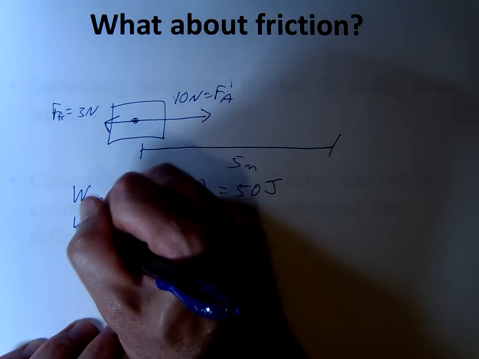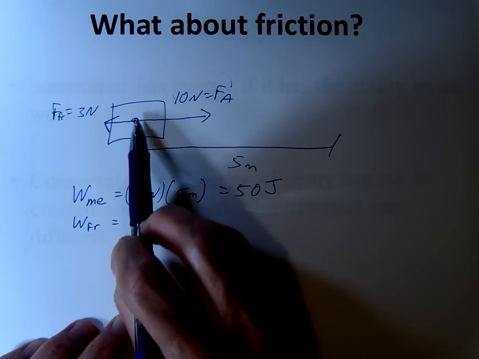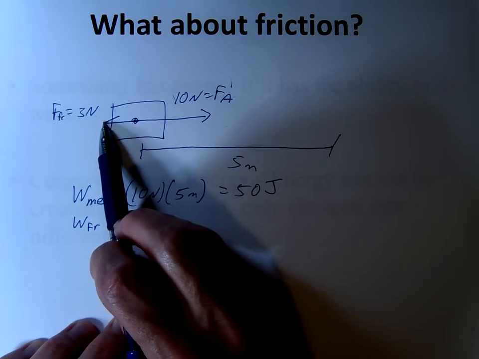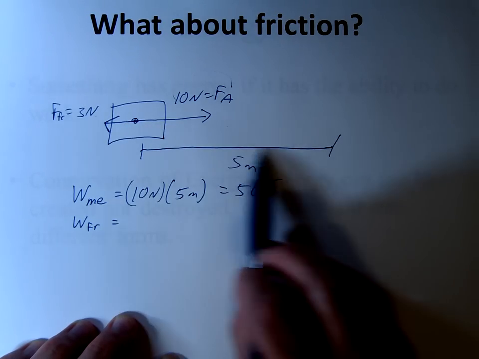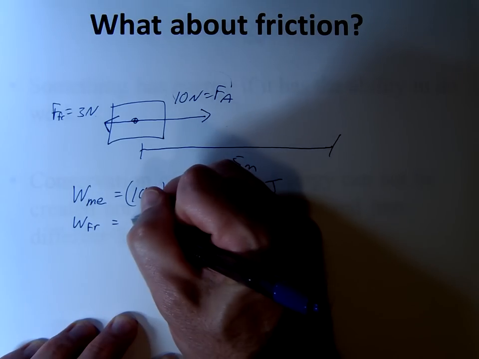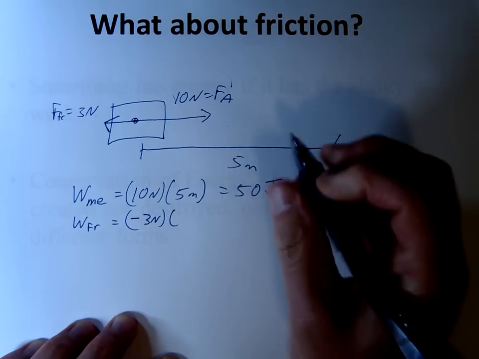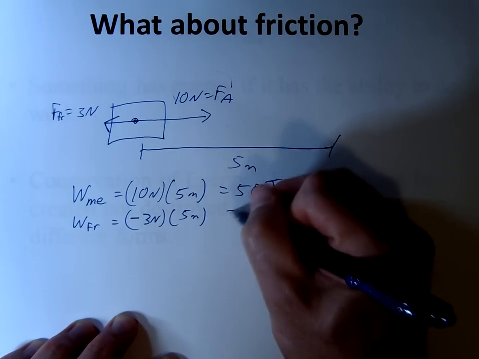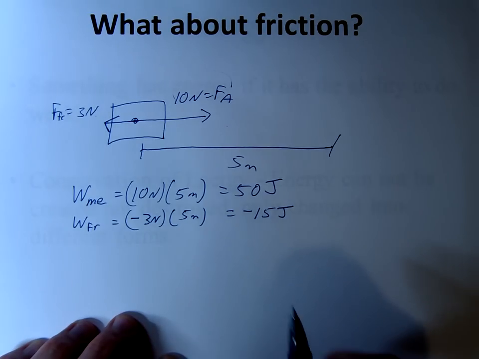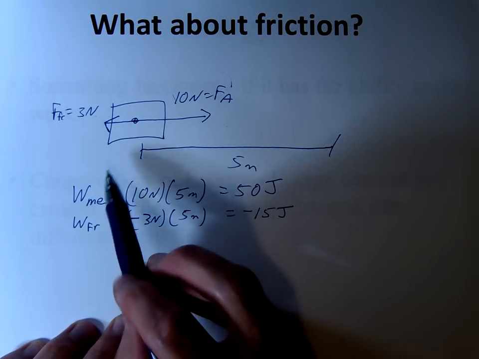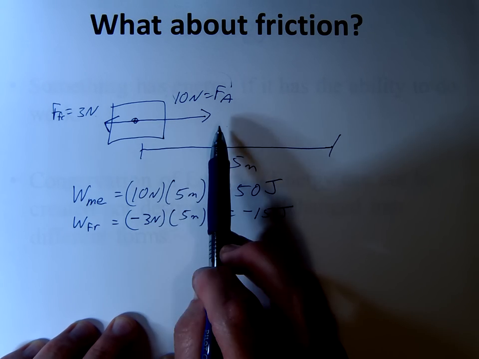But maybe I'm going to ask you for the work done by friction. Well, friction's doing work as well. Notice that the force of friction is to the left, and the distance we're moving is to the right. So when we do our force here, we're going to actually use negative 3 newtons times 5 meters, which would be negative 15 joules of work. So friction, you can see, is kind of opposing. It's taking away some of the work that we might be doing.